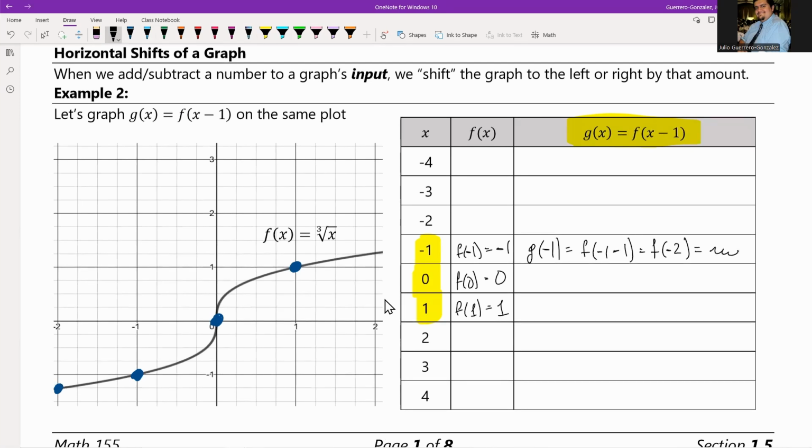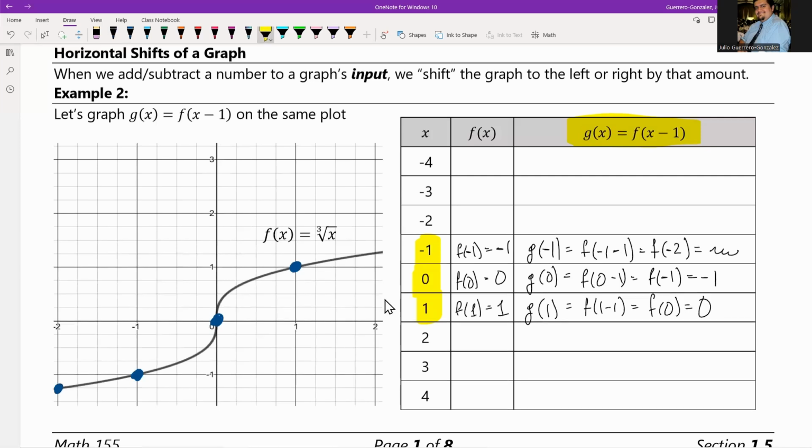Let me do g of 0. Maybe this one will be a little clearer. G of 0 is going to be f of 0 minus 1, which is f of -1. We know that point. That is -1. Let's move on to the next one. Let's just compute these out first. 1 minus 1 is equal to f of 0, which is 0.